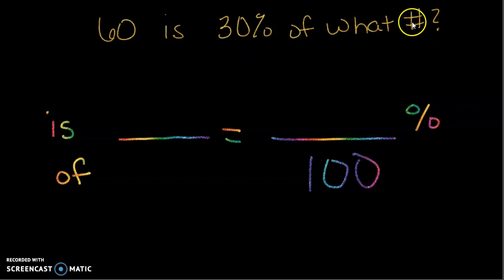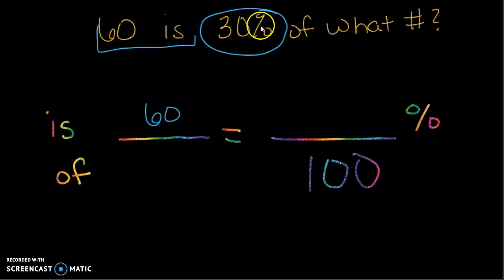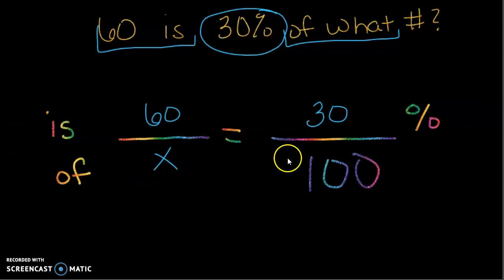We know that 60 is, that goes with my is. 30% has the percent symbol, so 30 must go up here. Of what? So my "of" is what's missing.